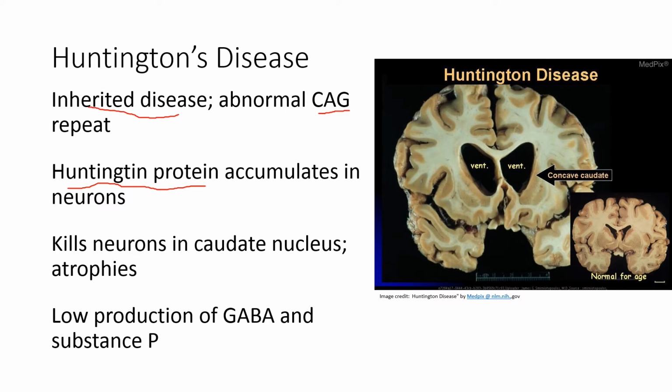Now, the problem with this is that these neurons produce 2 neurotransmitters. One is called GABA, and the other one is called substance P. Both of these are inhibitory neurotransmitters. They are supposed to reduce the likelihood that an action potential occurs.